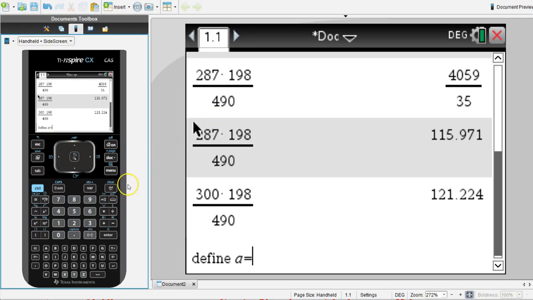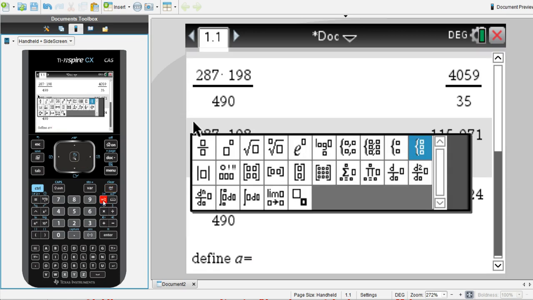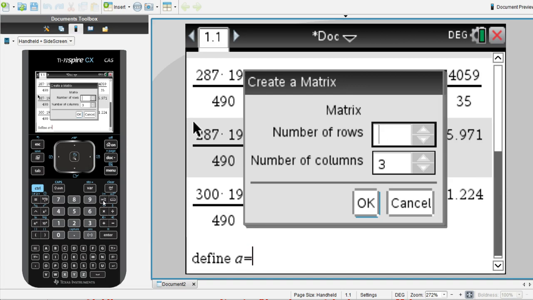To set up a matrix, I'm going to choose this button right here. That was not what I wanted. This button right here. There we go. And if I look in there, there's a matrix right here. 2 by 2, 1 by 2, 2 by 1. I need something bigger. We need something that is 4 by 2.